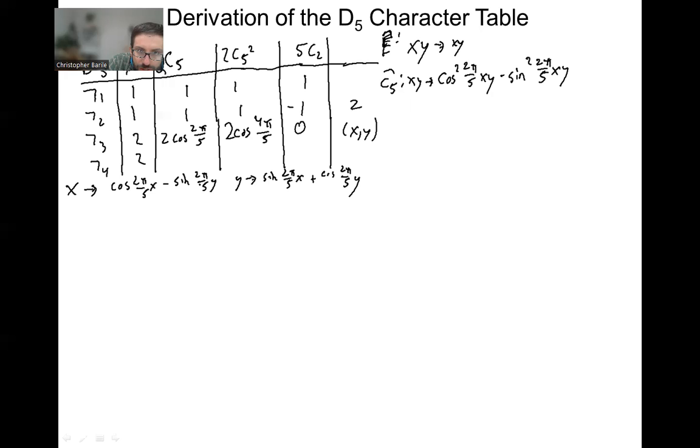And then we can do the 2 y terms. So that is going to be a minus sine 2 pi over 5 y cosine 2 pi over 5 y.